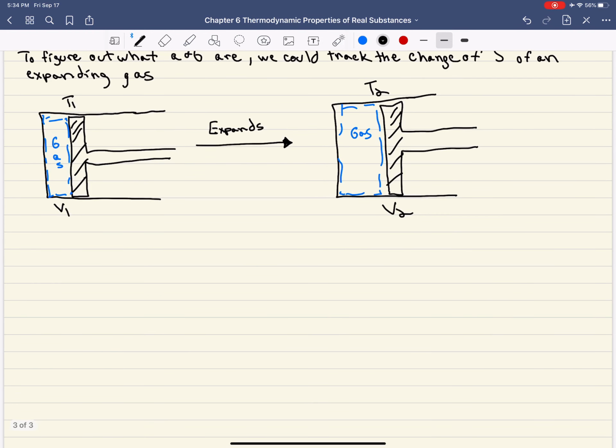We could design our experiment, or even model the expansion, as a two-step process.